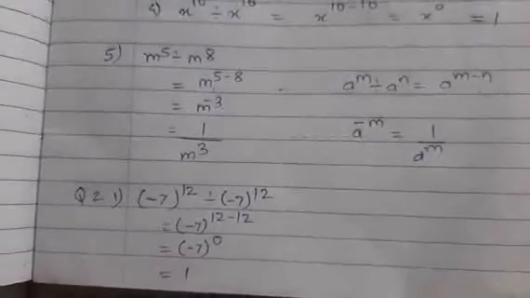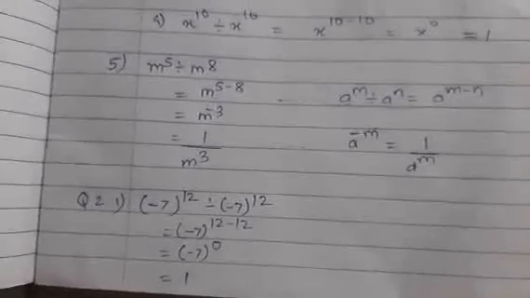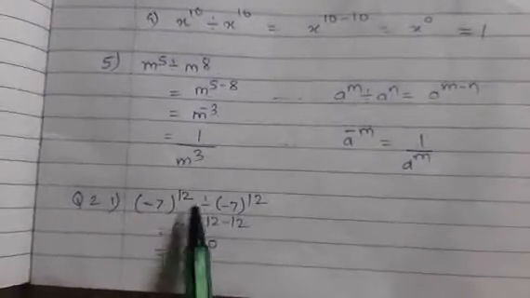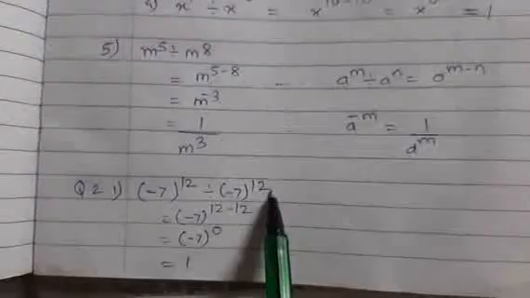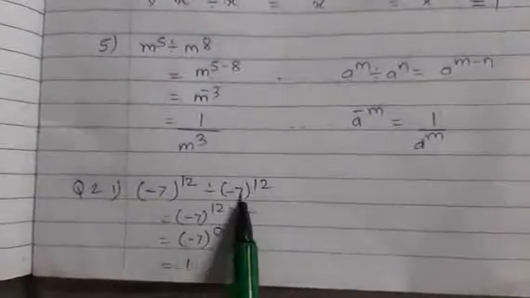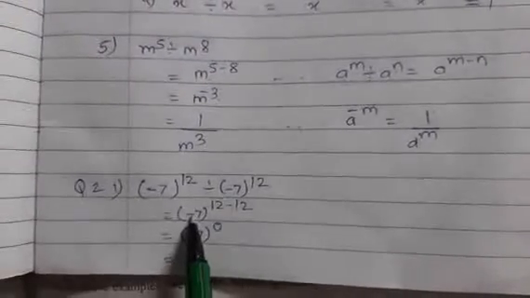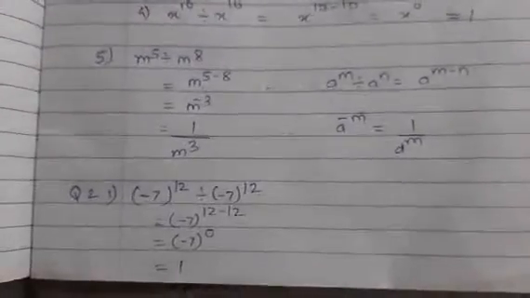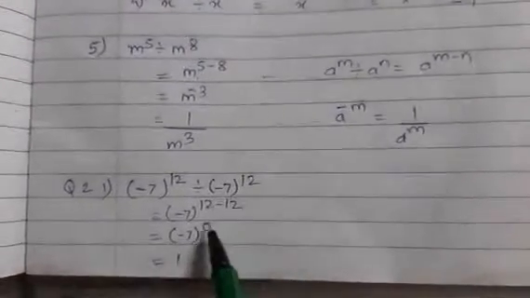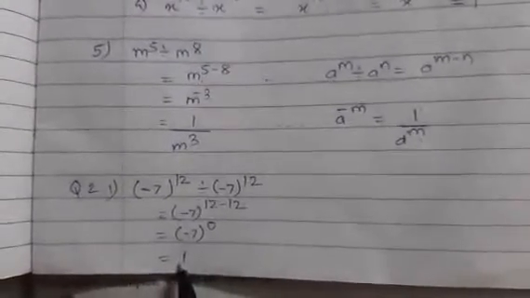Next question is, find the value of (minus 7) raised to 12 divided by (minus 7) raised to 12. So it will be, as bases are the same, (minus 7) raised to 12 minus 12, so (minus 7) raised to 0. And any number raised to 0 is always 1.